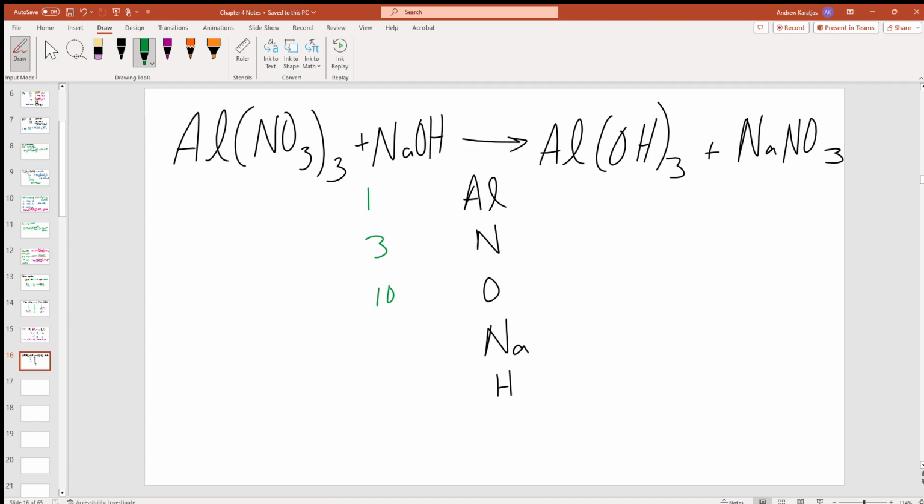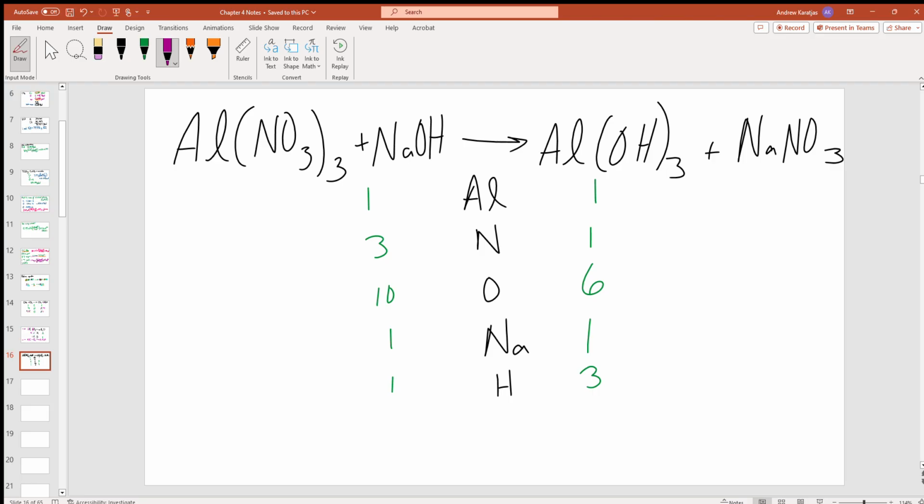The nitrate has 3, but there's 3 of them, so 3 times 3 is 9, plus the 1 gives us 10. 1 sodium, 1 hydrogen. On the right side, we have 1 aluminum, 6 oxygens, 3 from the 3 hydroxides and 3 from the nitrate, 1 nitrogen, 1 sodium, and 3 hydrogens.